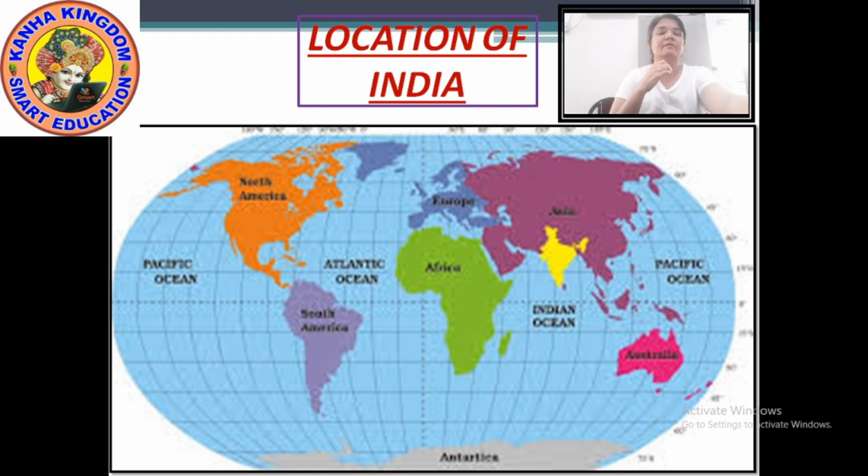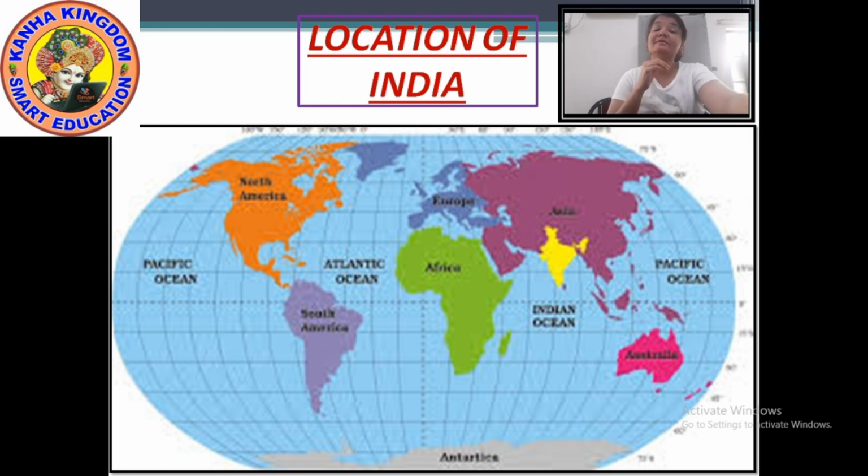Now looking at the map, first you can see this is a world map, and on it you can see different continents. How many continents are there? Seven. So you can see the 7 continents on the map, right?